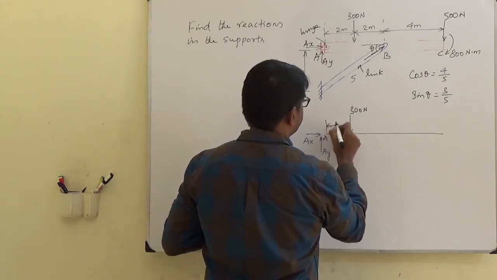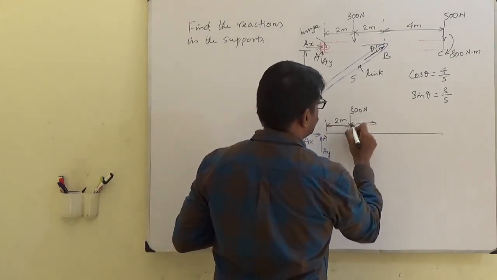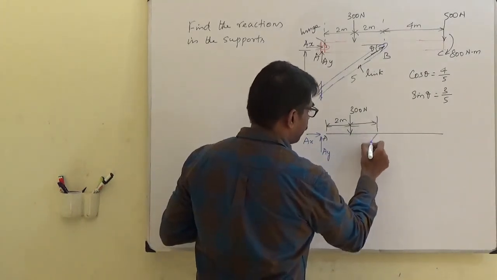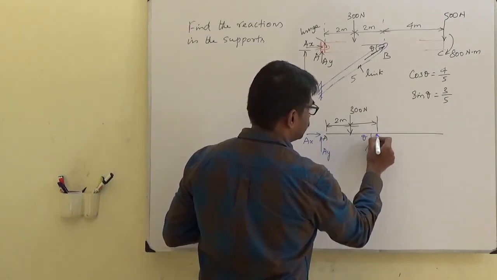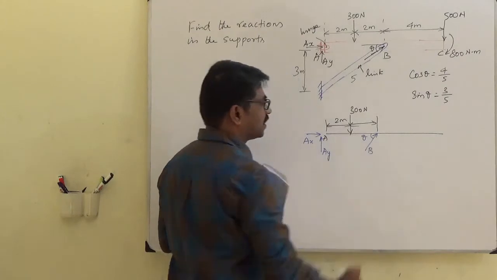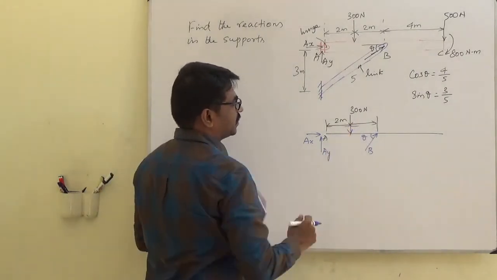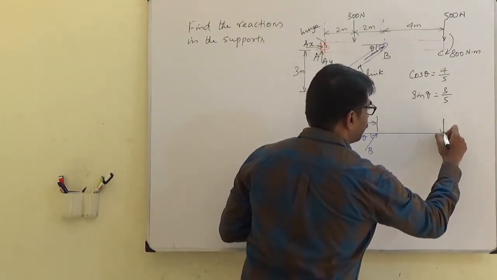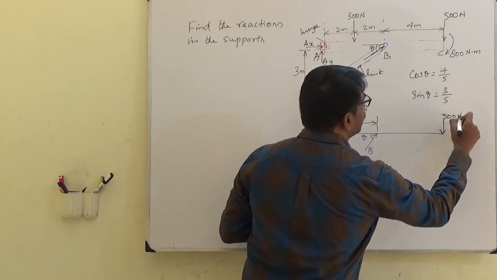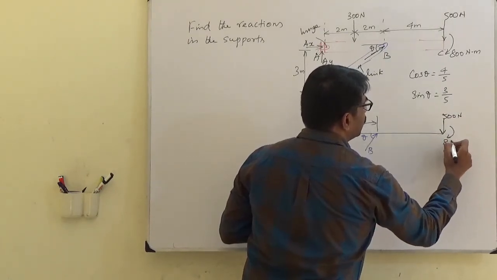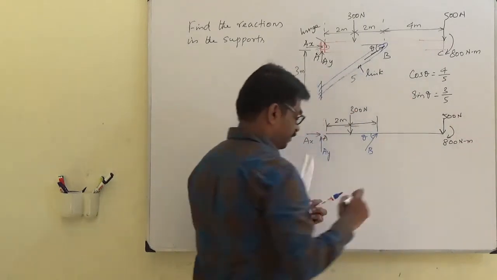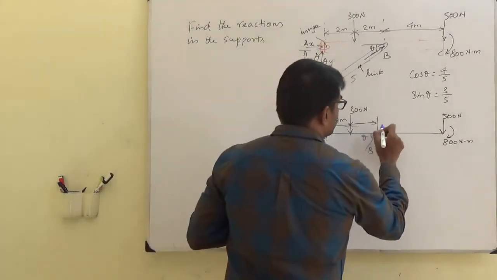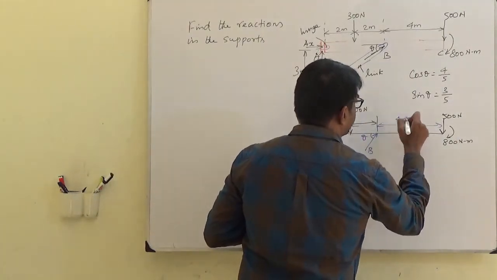So this is 2 meters, another 2 meters, where you have B. It is inclined theta, and the direction as I am assuming in this direction, and then you have 500 Newton and a couple 800 Newton meter. Fine. So this distance is 4 meter.